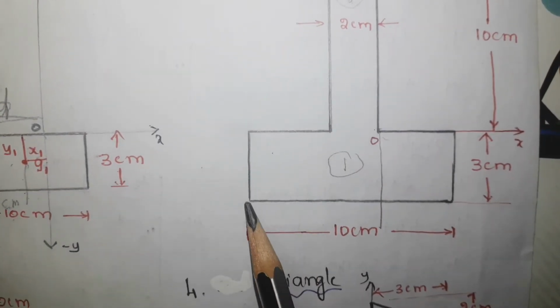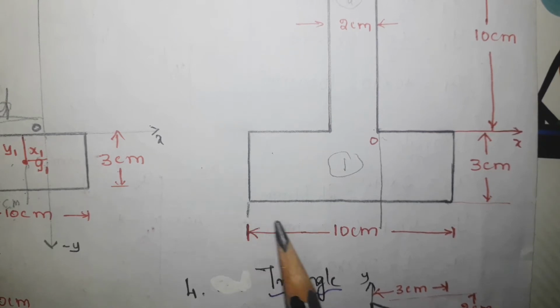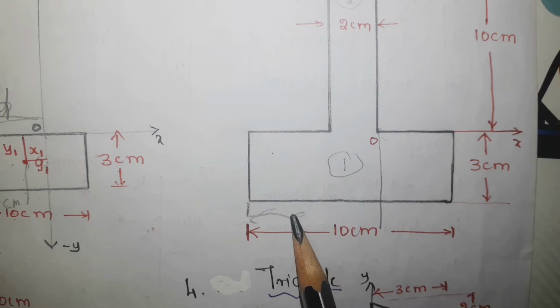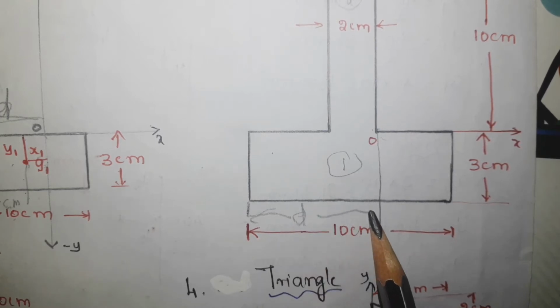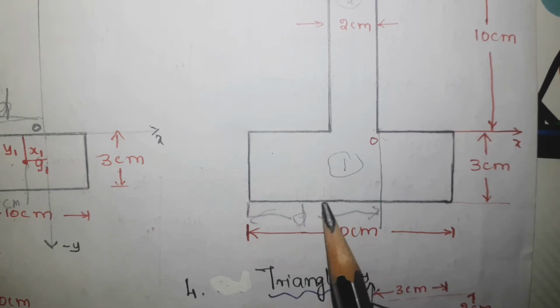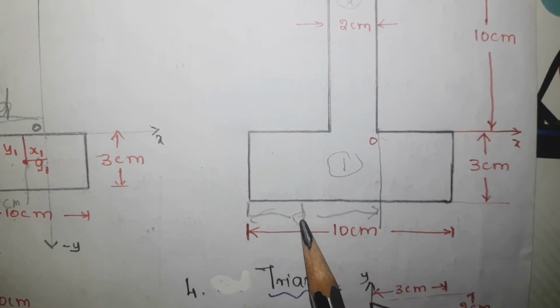Here D is nothing but the distance between this end and this end. This is the value of D. Here is the y axis, here is the one end, so we need to know the value of D.